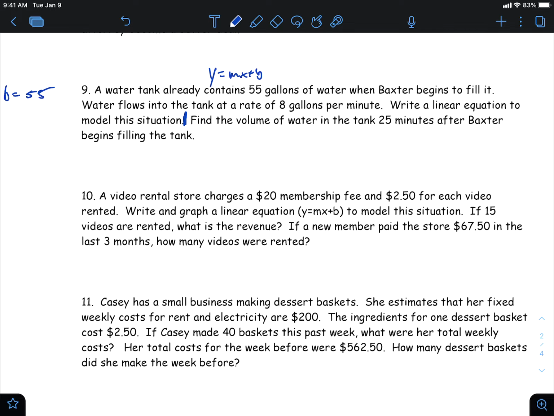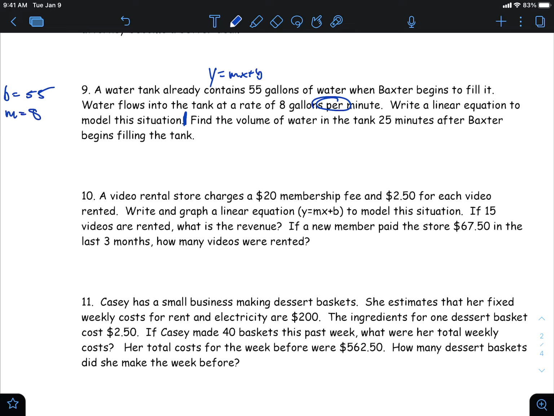And then we keep reading. Water flows into the tank at a rate of 8 gallons per. So where does that go? What letter is that one in our equation, Opal? M is 8. And then X and Y, I guess we could write some let statements.